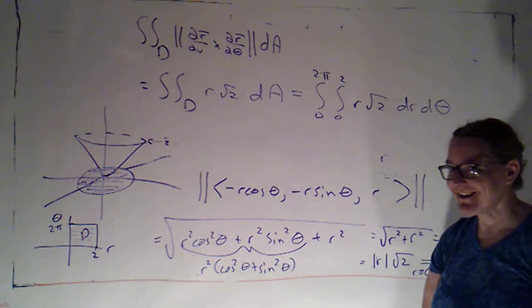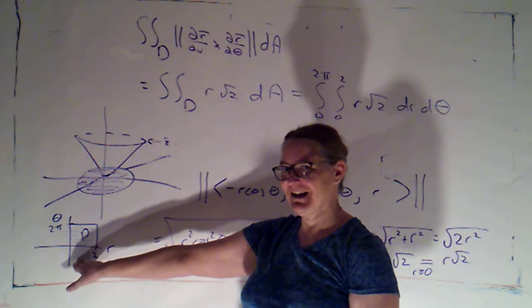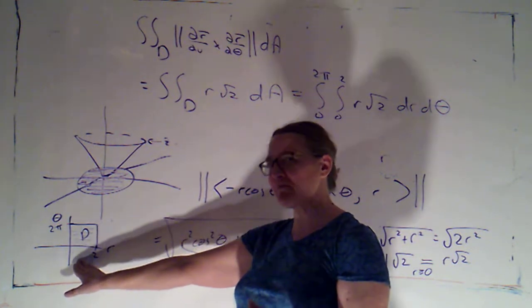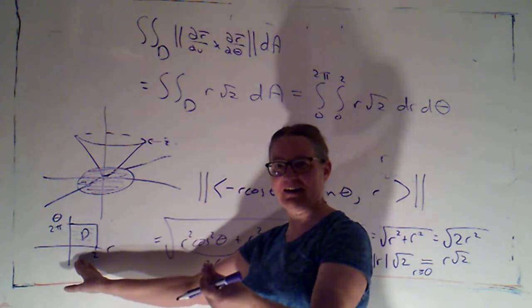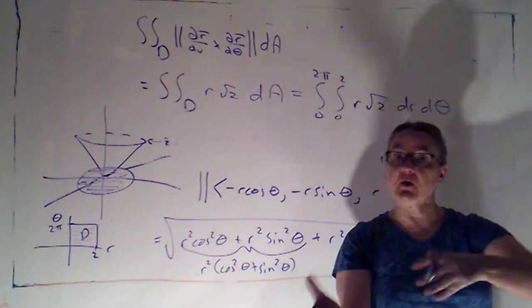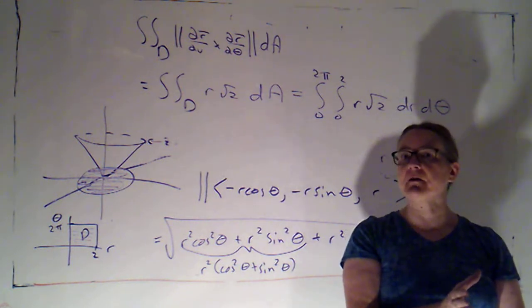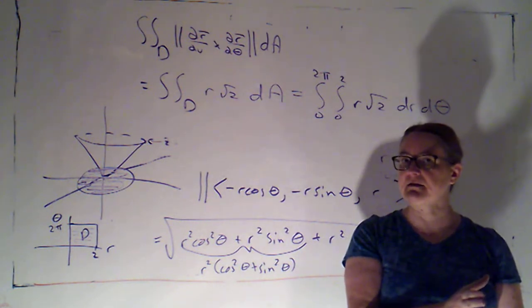I'm not. I'm working in the parameter plane. I happen to have named my parameters r and theta. Once we apply the transformation, so we map things into 3-space, r and theta do take on their role as cylindrical coordinates.